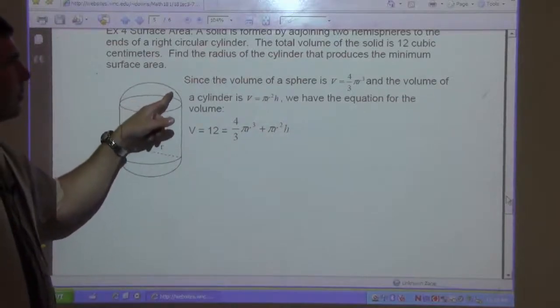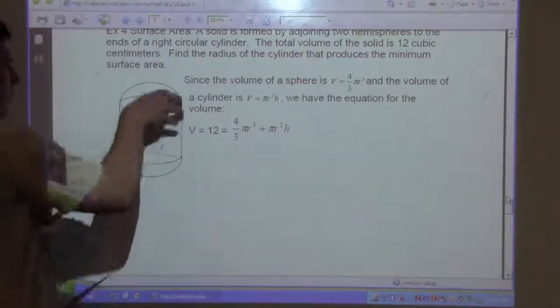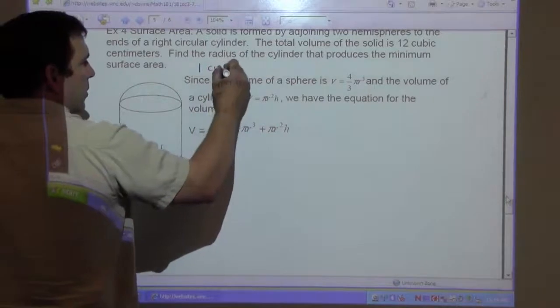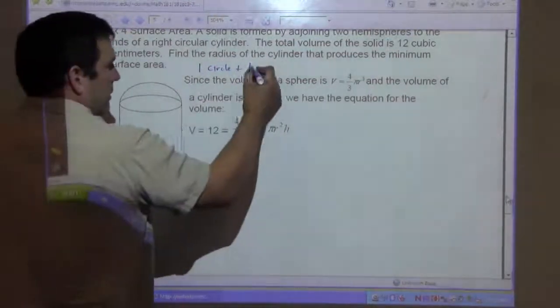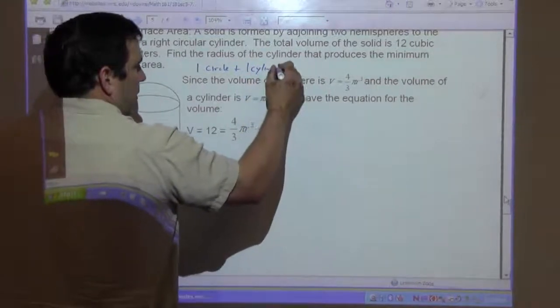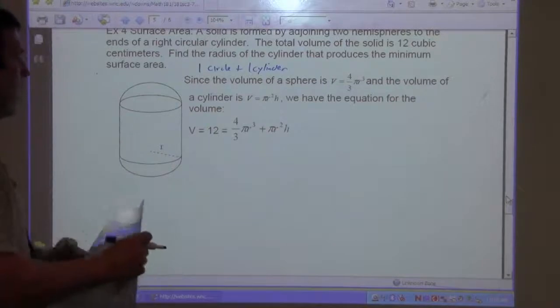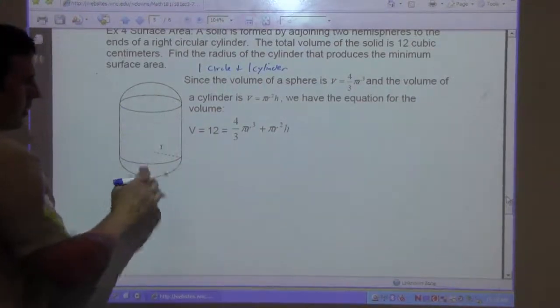Okay, so we have the minimum we're after. What we have is half a sphere on each end, so we have one sphere plus one cylinder. Now for surface area, we don't have to worry about this part of the cylinder or that part of the cylinder.